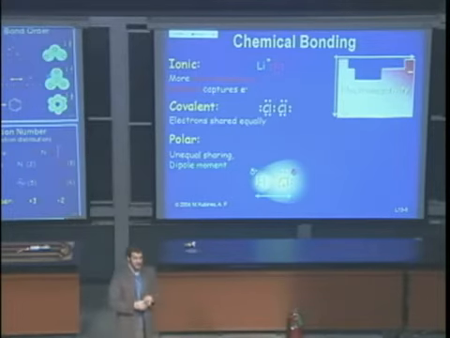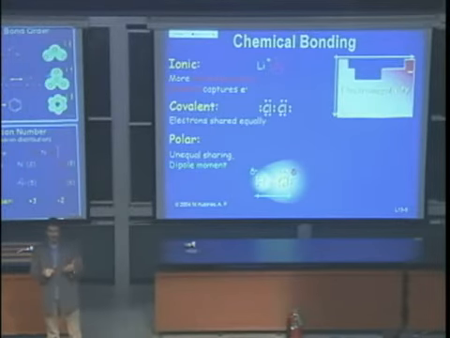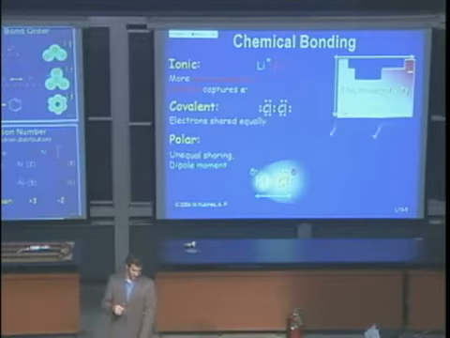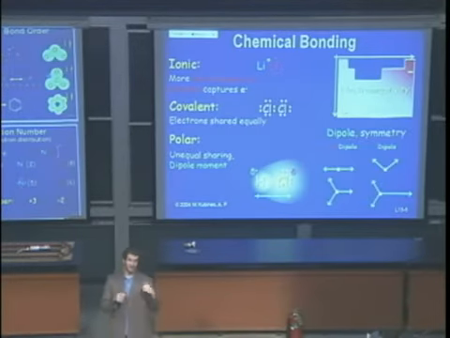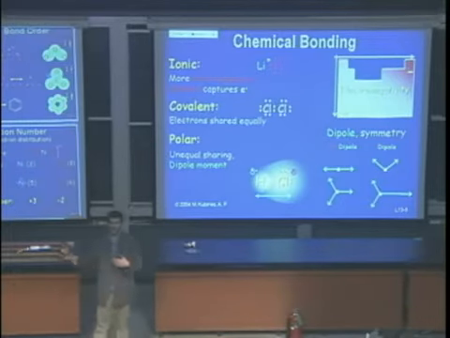Now, for the diatomic, the dipole of this molecule is the same as the bond dipole because there's only one bond. But as we move to 2, 3, 4 atoms in our bond, we have to work with the bond dipoles to figure out the molecular dipole.